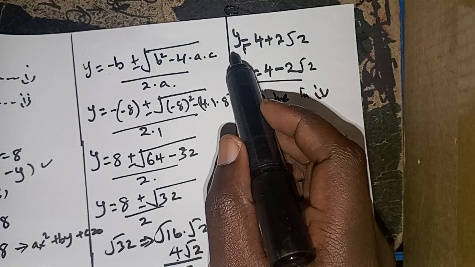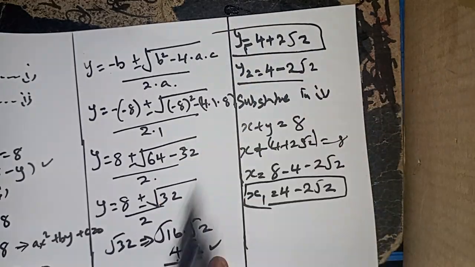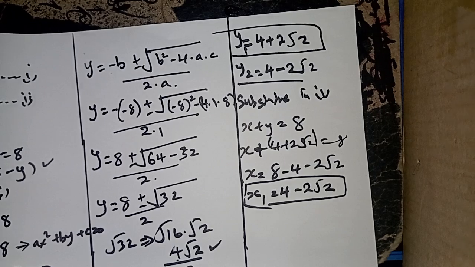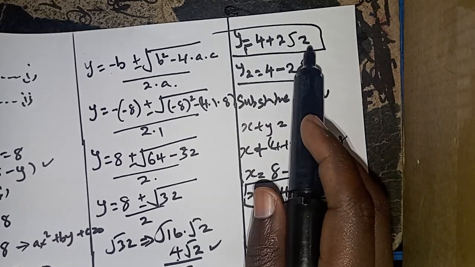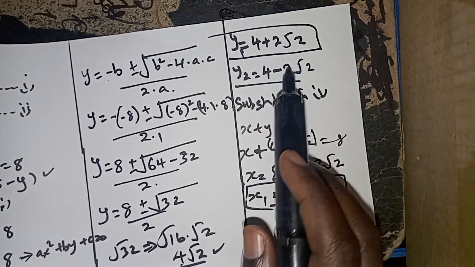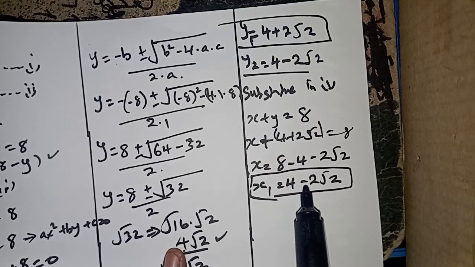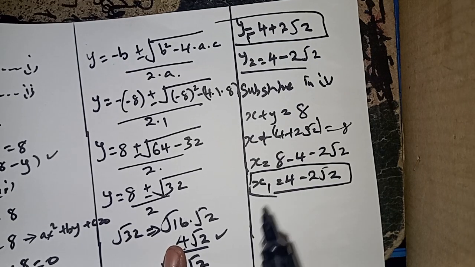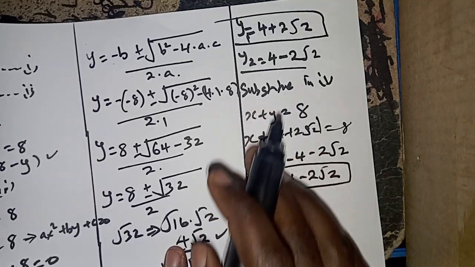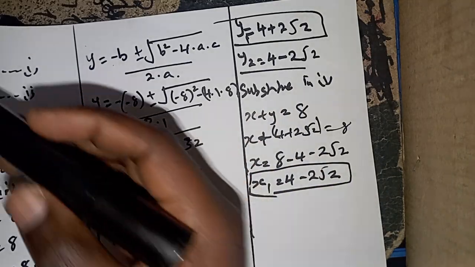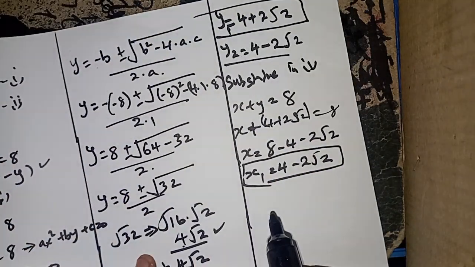So whenever the first y is 4 plus 2 root 2, its corresponding value of x is 4 minus 2 root 2. And we can confirm it here. When you take x plus y, you want to get 8.